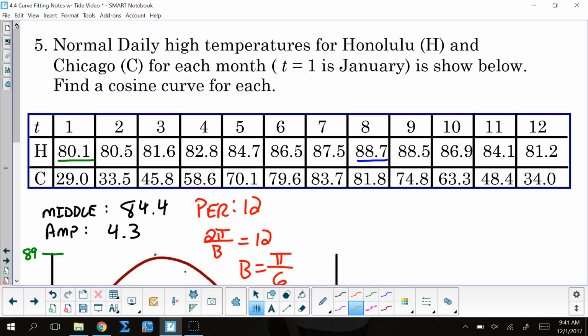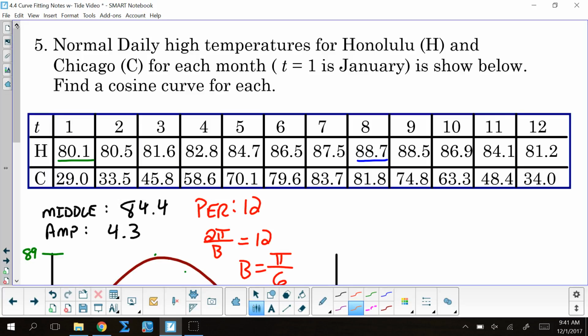So that got me 84.4. And then 84.4 minus 80.1, which was my low, gets me 4.3. 88.7 minus 84.4, high minus middle, gets me amplitude. Good with that? Yes.